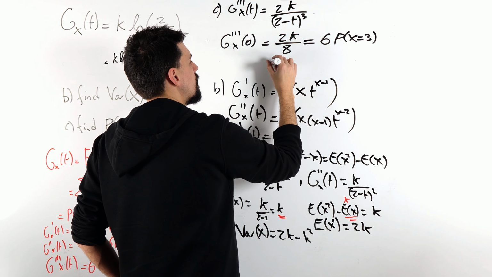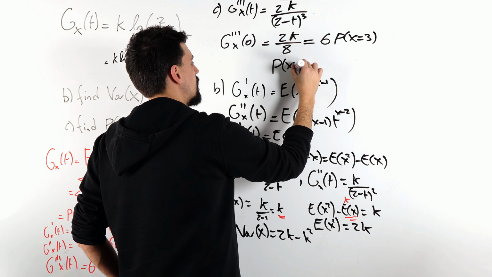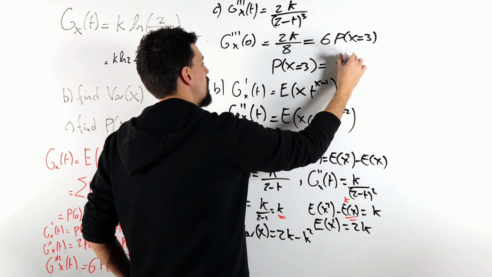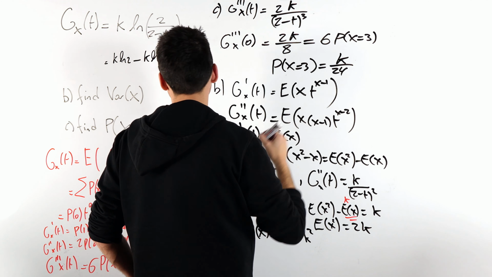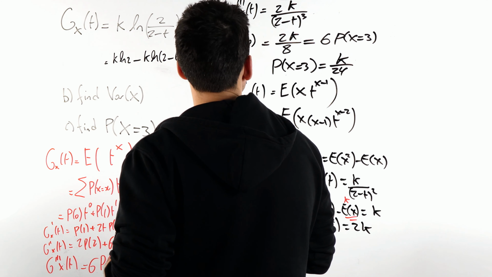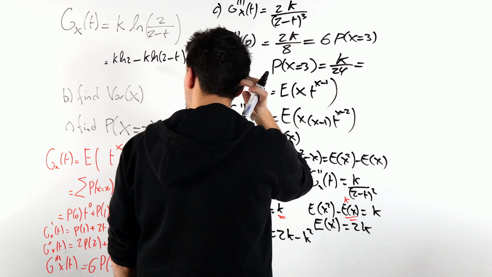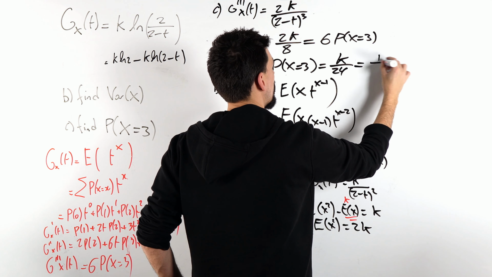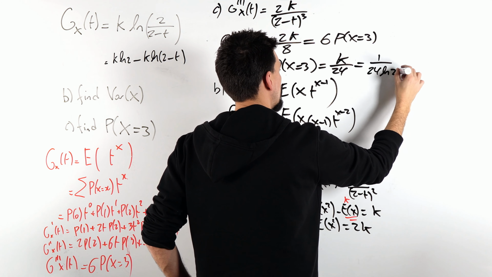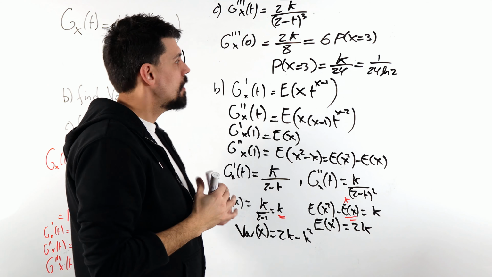So that tells me that the probability that X is 3 is k over 24. Which is, what did we say k was? k was 1 over ln 2. There you go. Really cool.